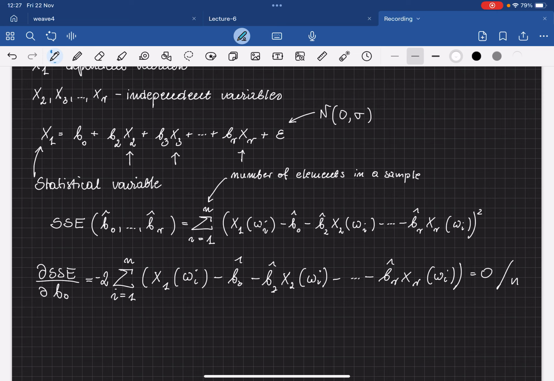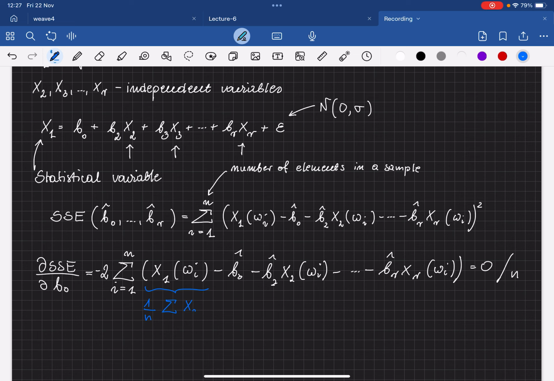So this means that, for example, from this part I will have 1 over n sum of x1 of omega i, and I sum over all elements of the sample.